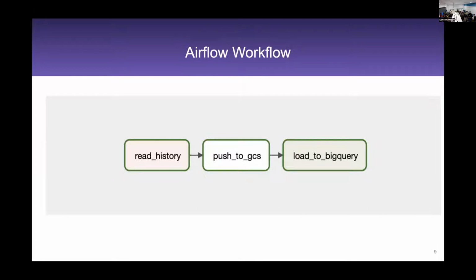I want to read my browser history, write that history into a CSV file, then push that into GCS, and then move that from GCS to BigQuery. My history has two things: what I have browsed, and the date. I want to run this DAG daily.